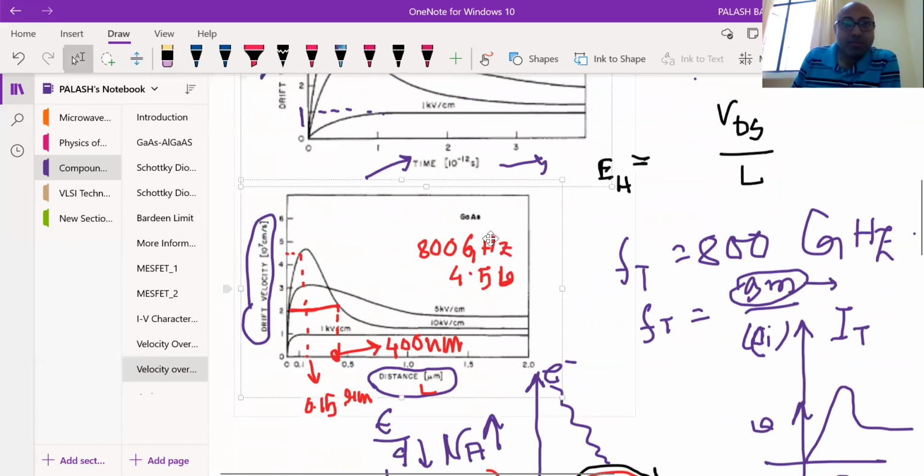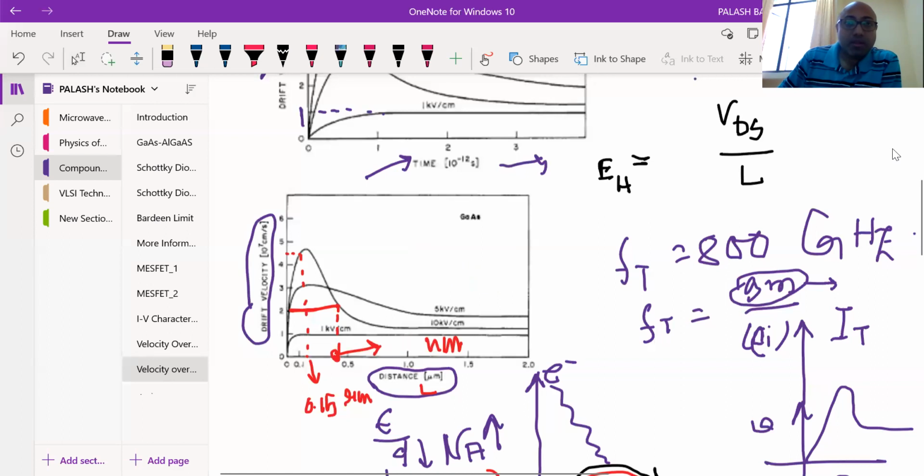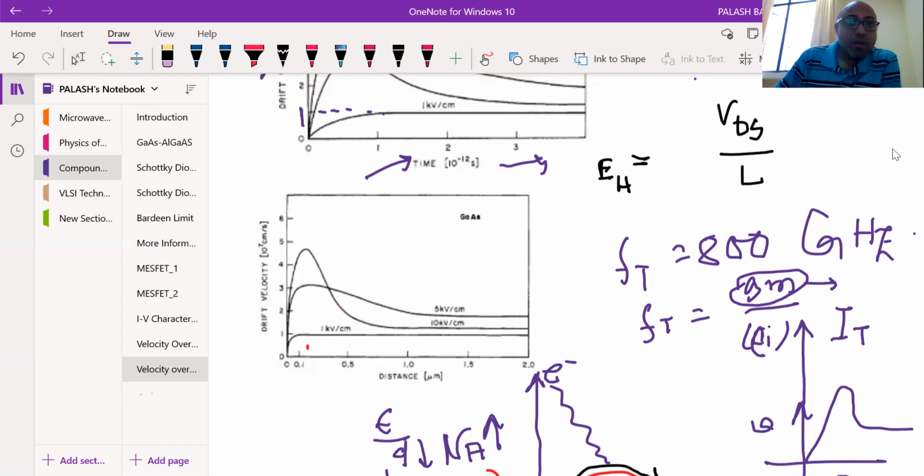You look at these things very carefully. What is happening over here? Here you are getting 10 kilovolts, so this curve is for 10 kilovolt per centimeter.